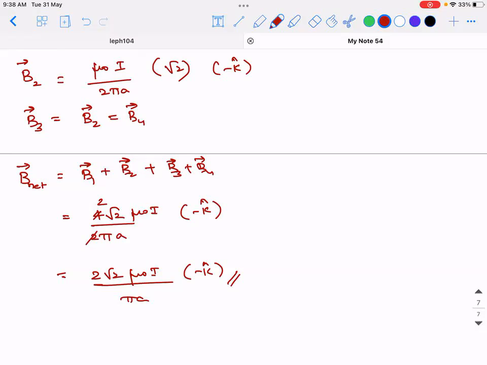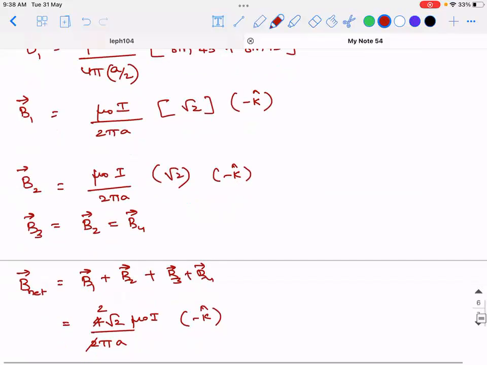That 2 and 4 cancel. Correct only, no? Check it again. Each value is mu naught I into root 2 divided by 2 pi a. So it is getting added 4 times. So 4 times mu naught I into root 2 divided by 2 pi. That's it. Correct?